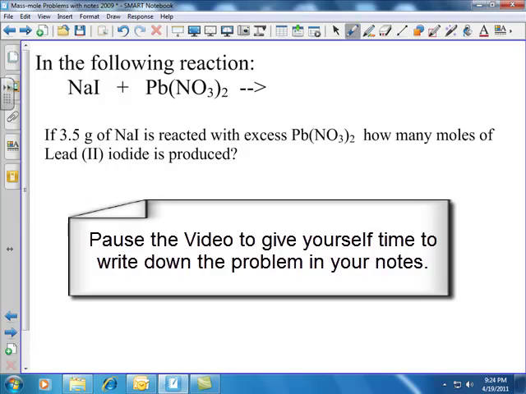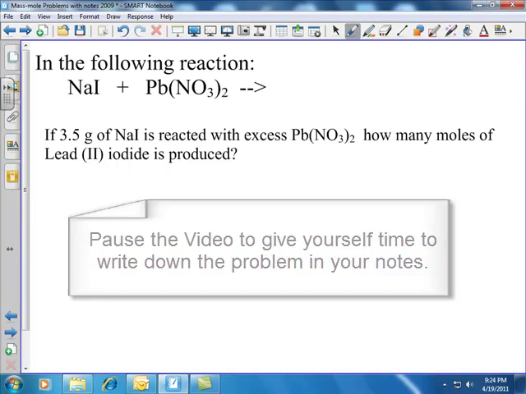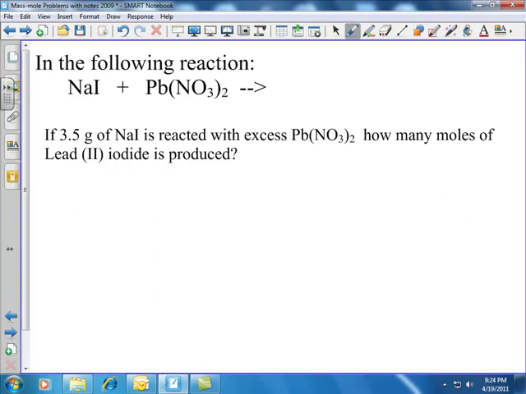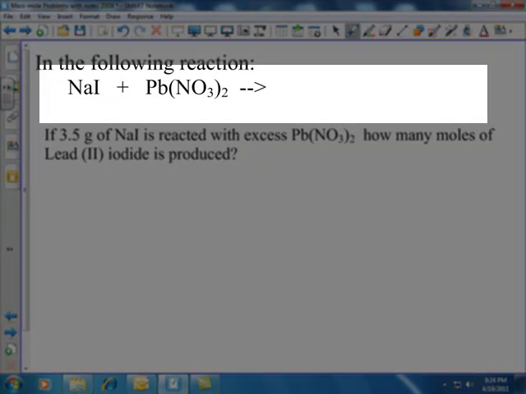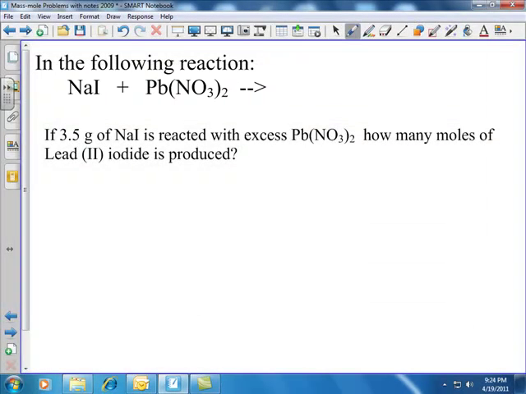So let's look at the following reaction and actually do a problem here. The fun part is I get to complete this reaction. First of all, tell me what type of reaction it is, and go ahead and complete it. You should be saying that it is a double replacement reaction. So in this double replacement reaction, I'm going to get Na going with the NO3, so I'm going to get sodium nitrate.